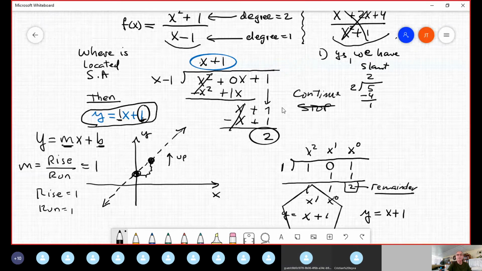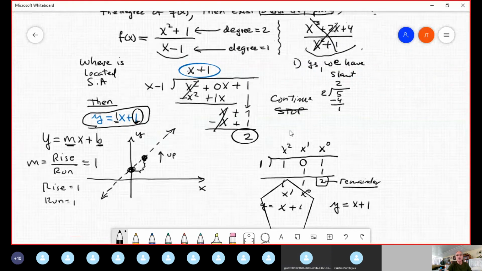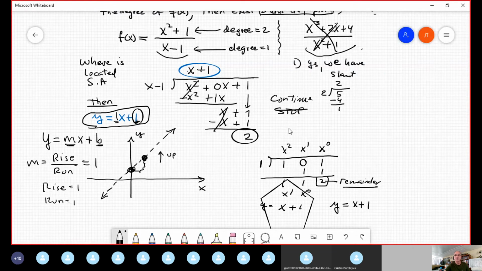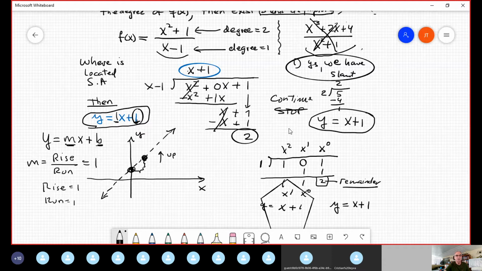Okay, by the way, this example contains one slant asymptote. Yes, we have one. The equation is y equal x plus 1. Okay.